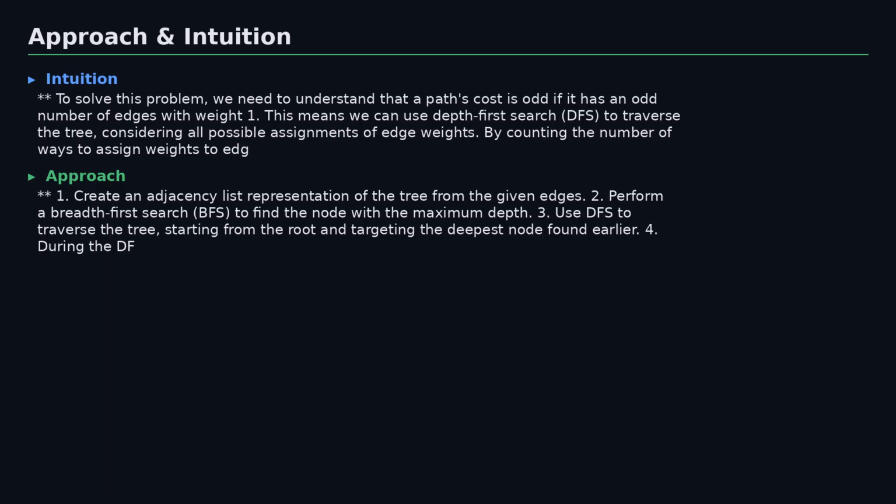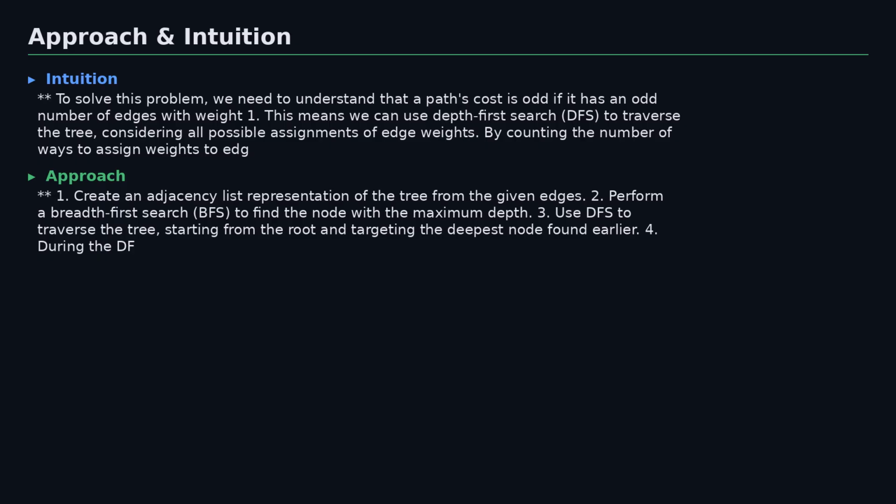We can use this intuition to guide our solution and find the number of ways to assign weights to the edges. Our approach to solving this problem involves several steps. First, we create an adjacency list representation of the tree from the given edges. Then, we perform a breadth-first search to find the node with the maximum depth.